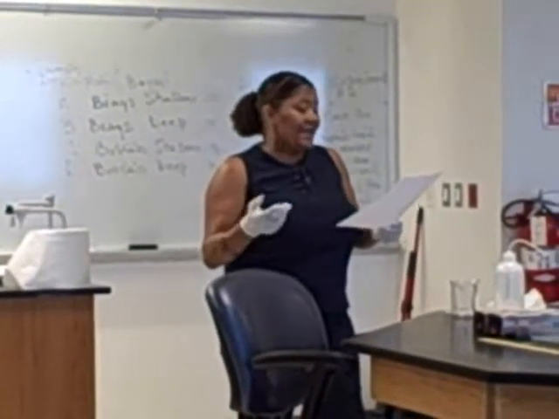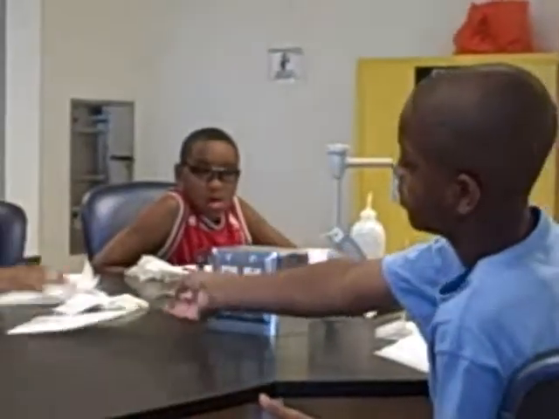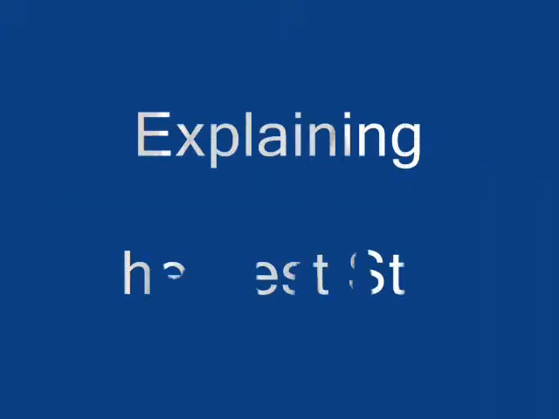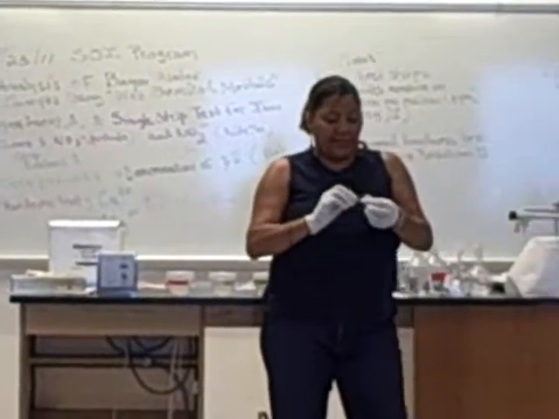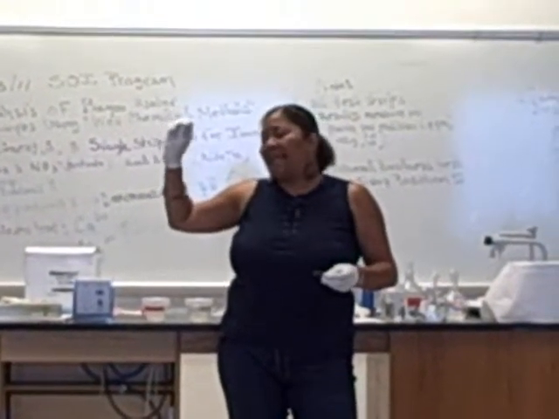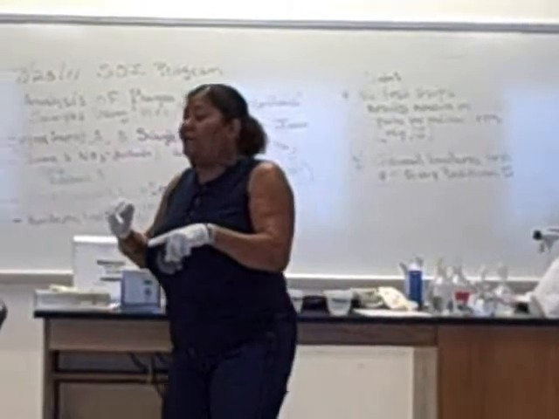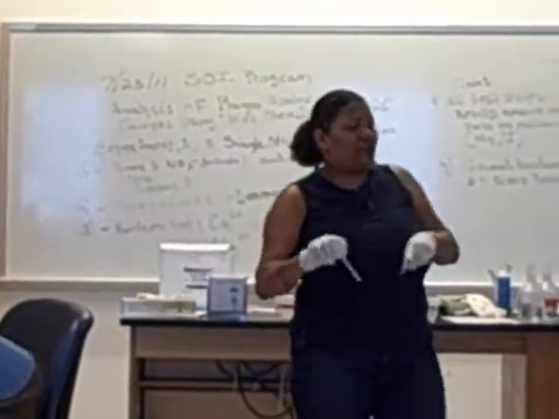So the way it will begin is this data sheet, please, data sheets up and look at them with me, as you're going to use what we call a test strip. And that test strip has 5 different tests on it, all in one. Now, students, when you use this test strip, you will hold it from the end where there aren't any of the color indicators, and you will immerse it into the sample.